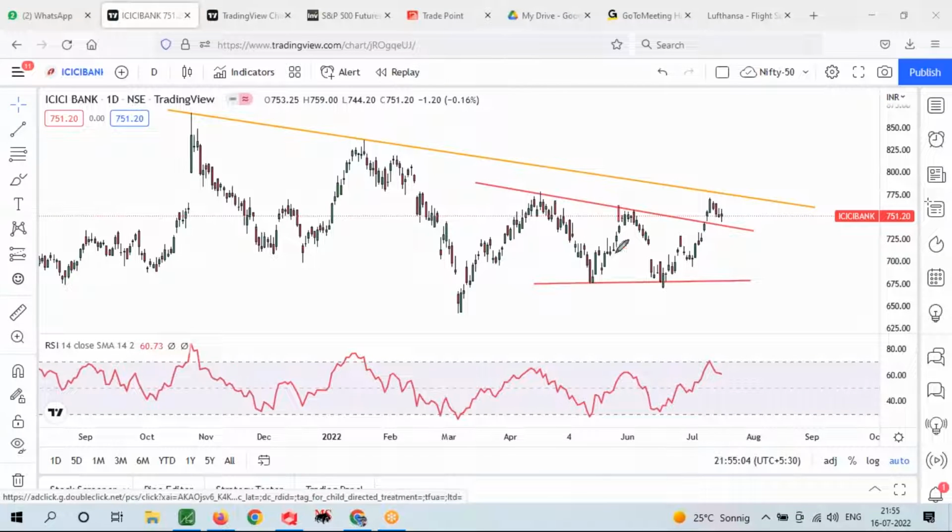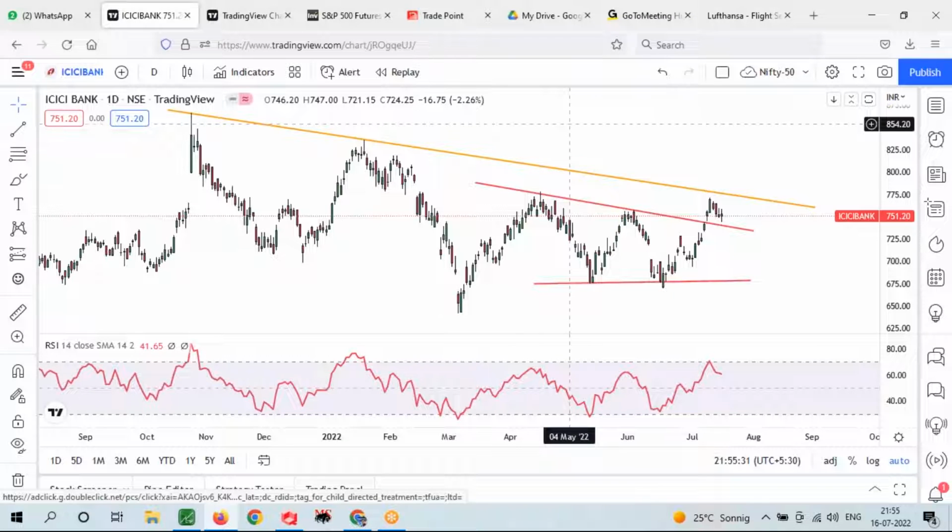This range can also be the target. I think my minimum targets are 820, 860 first, because those are the previous levels. So I think we can trade that. All right. So this is what we have discussed.